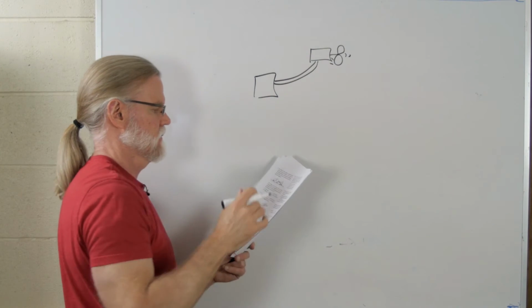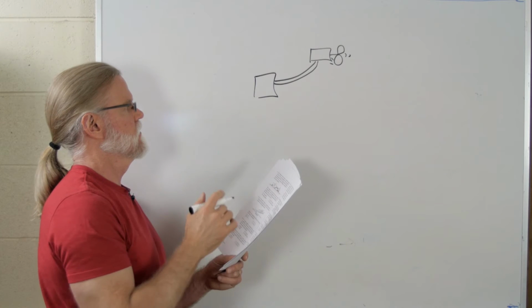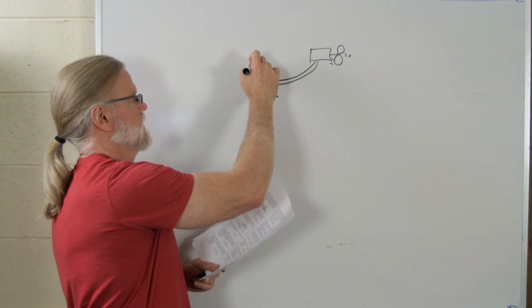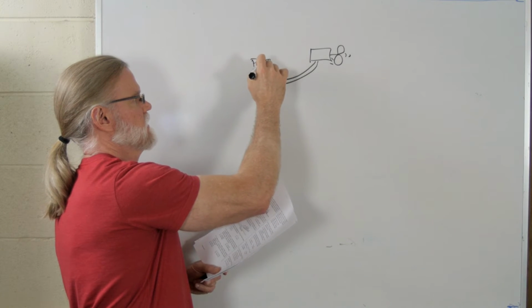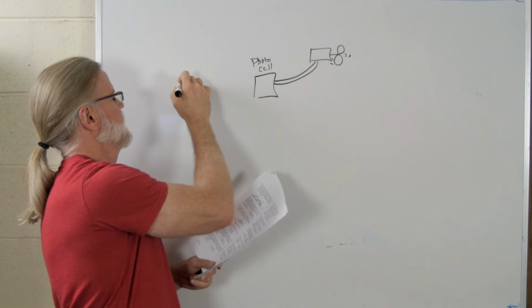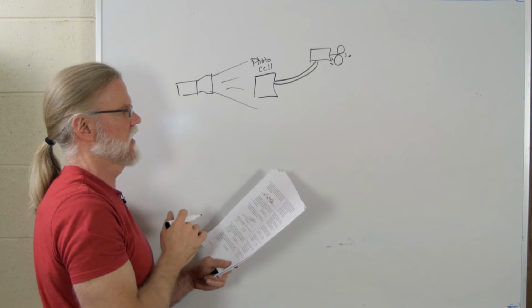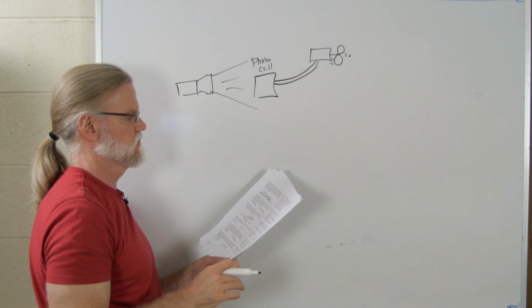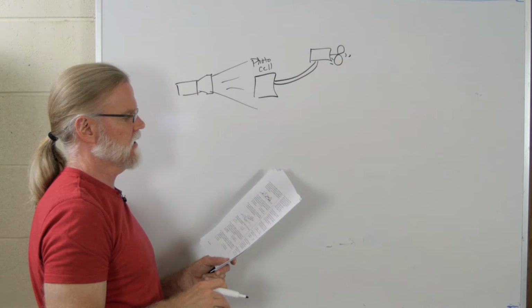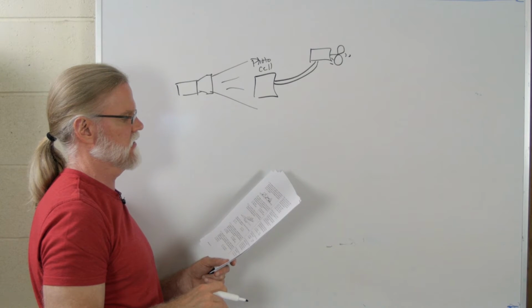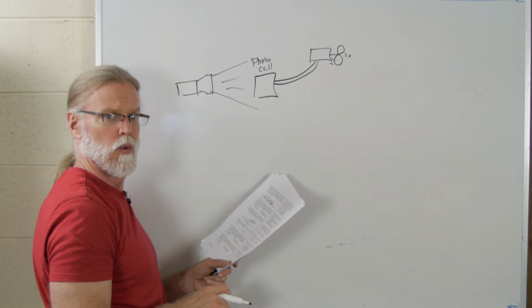So here's a photocell. Got a flashlight, shining light on the photocell, causes the fan to turn. The brighter the light shown on the photocell, the faster the blades turn. Go figure.